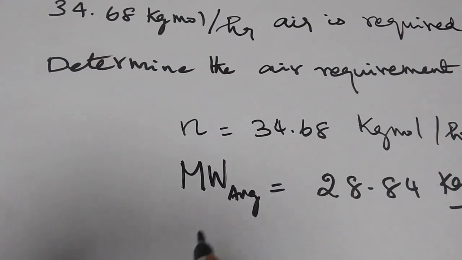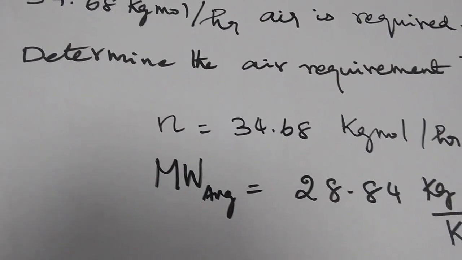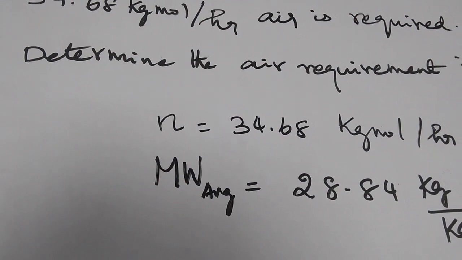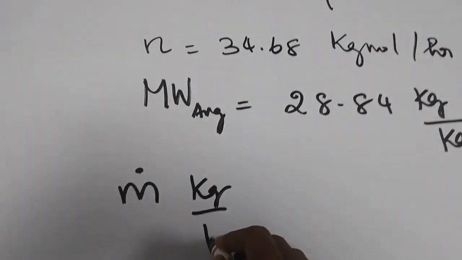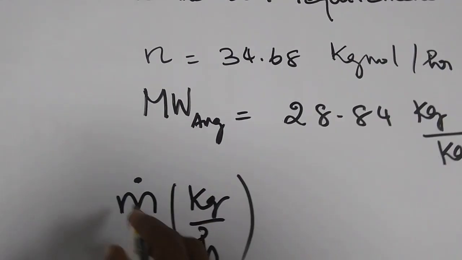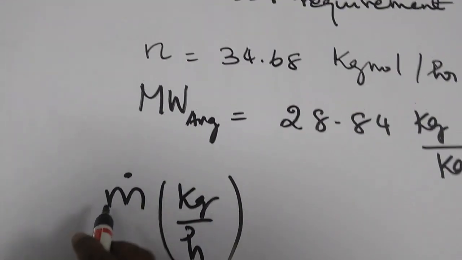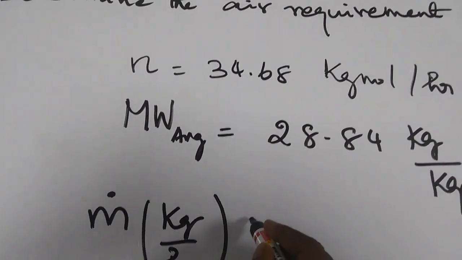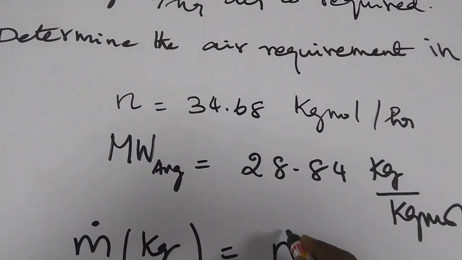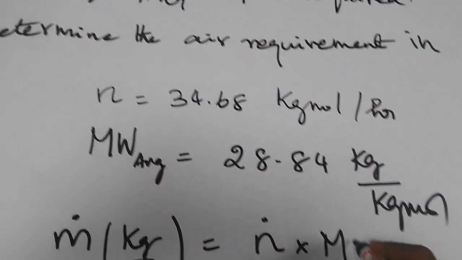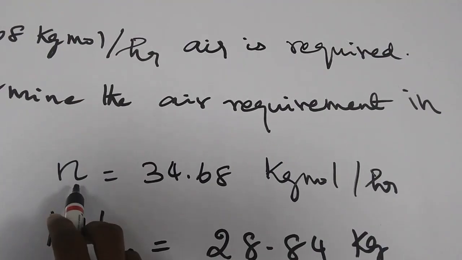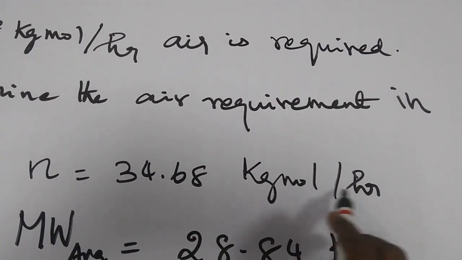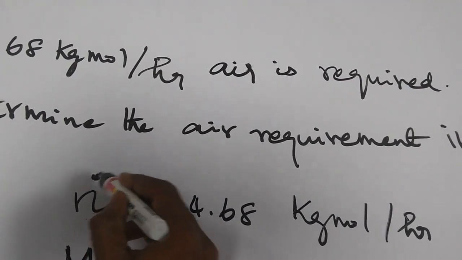So how to get the mass flow rate in kg per hour? This is m dot, kg per hour. m is kg; since it is a rate, we put m dot. So m dot is equal to n dot into average molecular weight. n is number of moles; when we express it with respect to unit time, we say n dot.